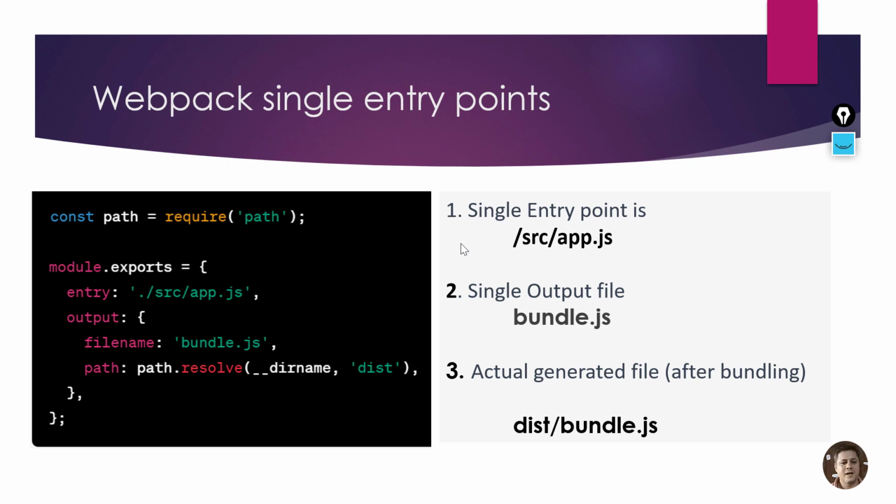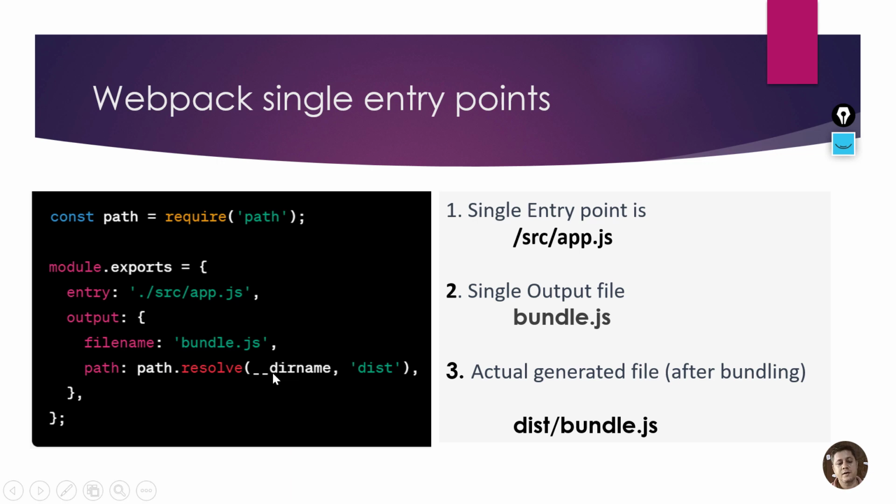Now you see in the code, on the left side I have shown you the code. You see the entry here. This is the entry. I have told it to go to src, and app.js will be my entry point. This is what I said. And the output file will be bundle.js. You see here the output object is there. The filename is bundle.js, and the path means the folder.